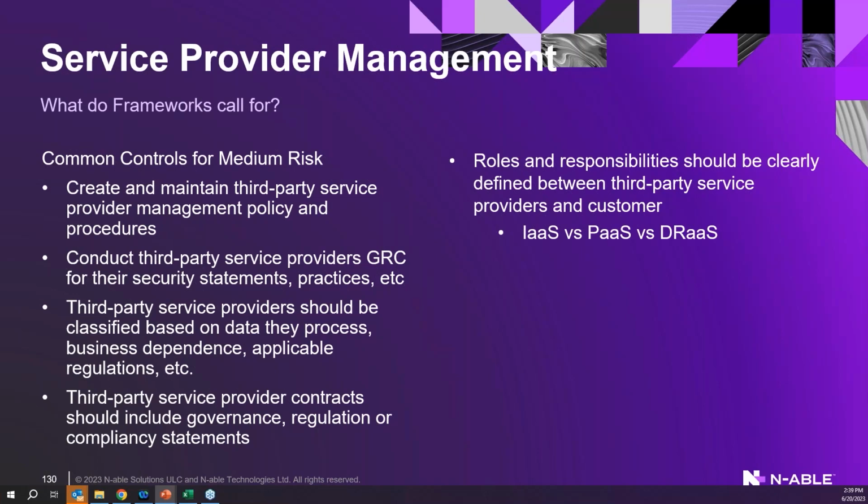Classifying those third-party service providers based on the data they process or the business function that they deliver. Do the third-party service provider contracts include governance or regulation or compliance statements? If you're providing services for a medical client and they've got a third-party vendor that they're consuming services from, do they have a BAA, a business associate agreement, in place or not?